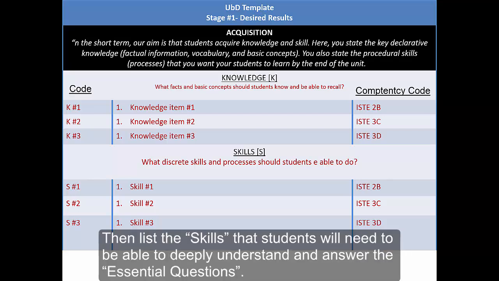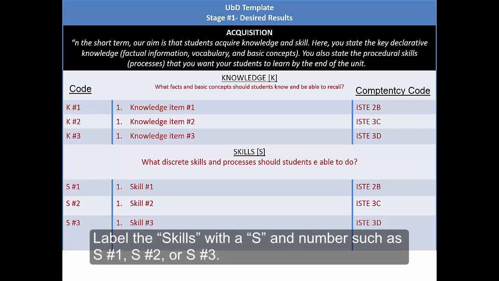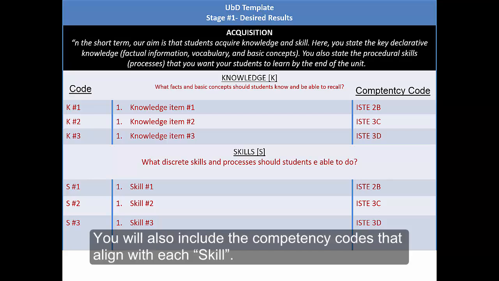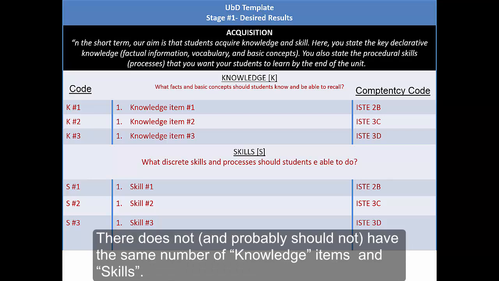Then list the skills that students would need to know to deeply understand and answer the essential questions. Label the skills with an S and number them S1, S2, S3, etc. And you will also include the competency codes that align with each skill, and there does not, and probably should not, be the same number of knowledge items and skills.